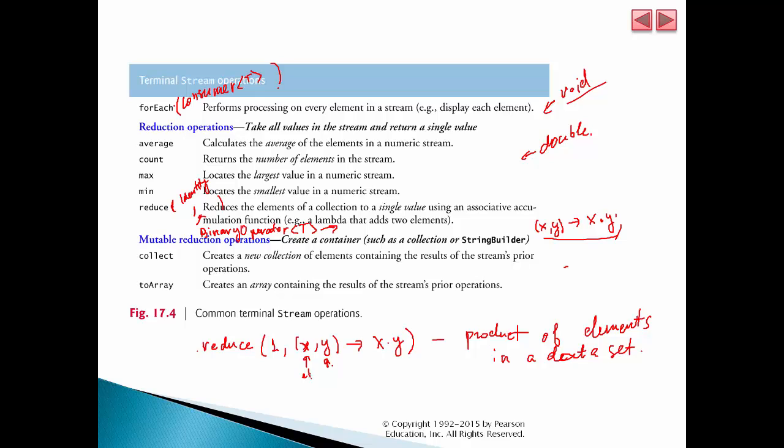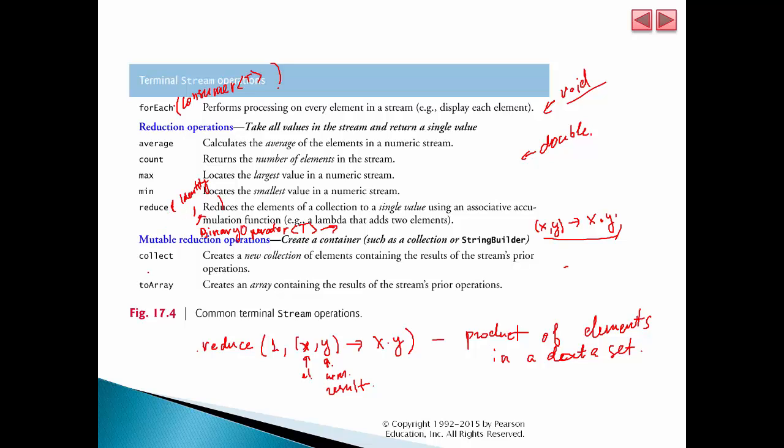So x represents the element, y represents the cumulative result, and then you're simply doing the operation for each element. y gets passed to the next element and the next element, and as a result you get the entire product of all the elements in your list, in your data set. Okay, so that is how you can create any customizable aggregation functions you want using this reduce method.